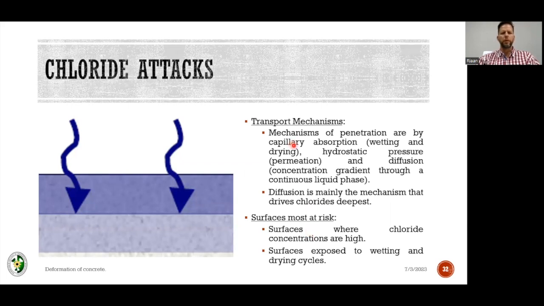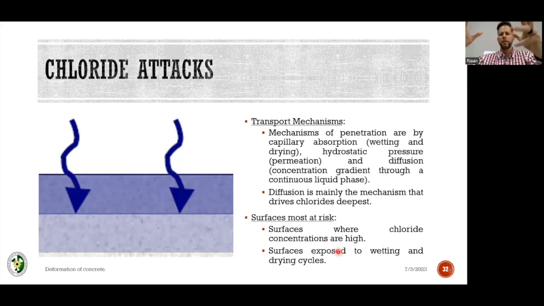So the transport mechanisms for chloride attack, the mechanisms of penetration, are capillary absorption, hydrostatic pressure, and diffusion. Diffusion is mainly the mechanism that drives chlorides deepest. So typically the surfaces at higher risk are surfaces where chloride concentrations are high, which stands to reason, and then surfaces exposed to wetting and drying cycles.